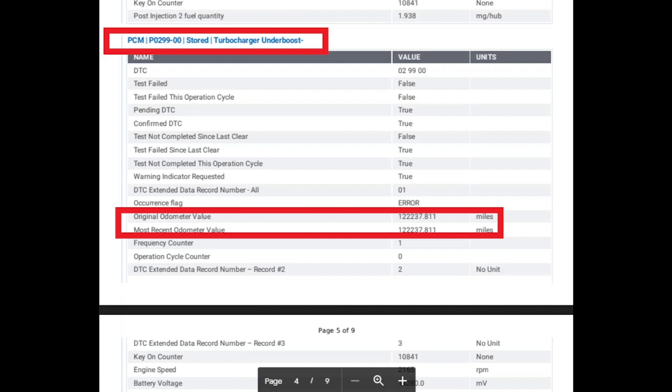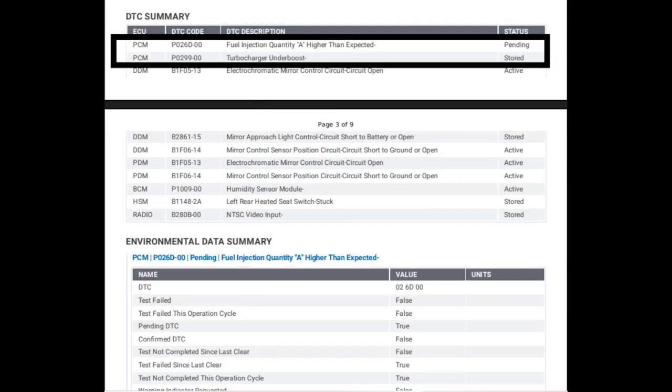If you read the P026D code, what causes that code to set is the computer's looking at the oxygen sensor, and yes, there is an oxygen sensor on diesels. I don't know about other manufacturers, but Chrysler, Dodge, Jeep, Ram, Cummins uses the oxygen sensor, and so does the Italian-made VM EcoDiesel. But in the EcoDiesel, that is for actual air fuel management and monitoring.